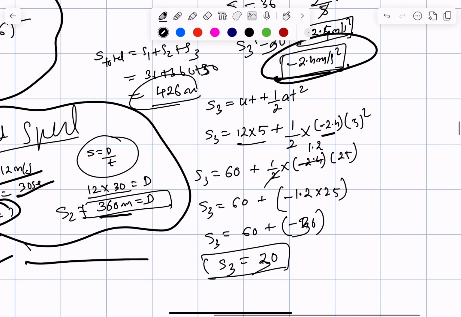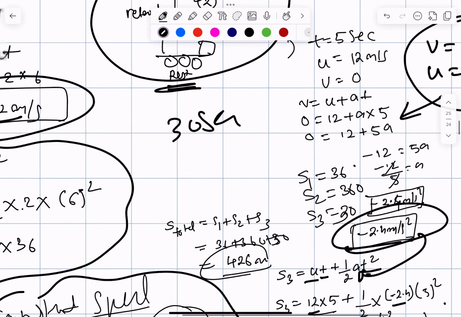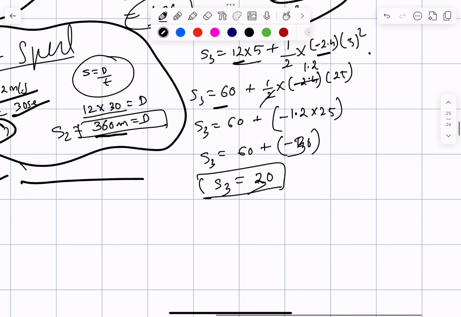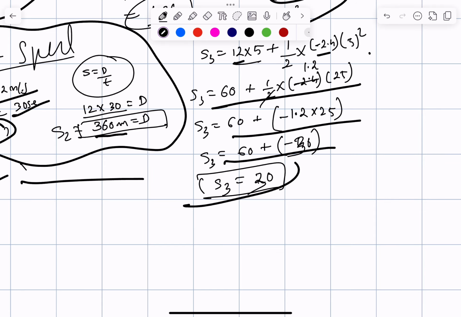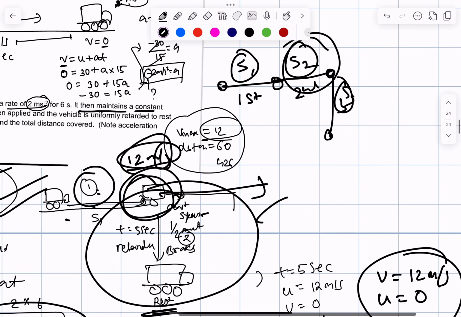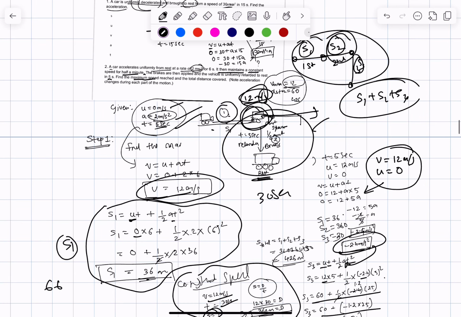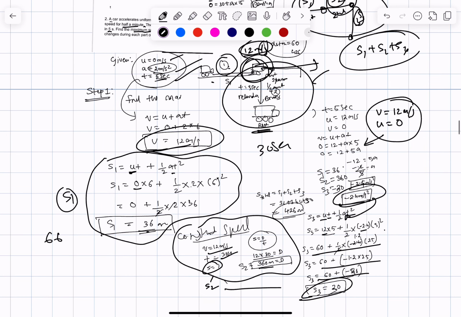Then you put minus 2.4, initial velocity 12, and the time given in the question, 5, and you solve it and you get S3 as 30. Now you know S1, S2 and S3 will give the total distance, so you simply add them all and you get the answer. Does it make sense?